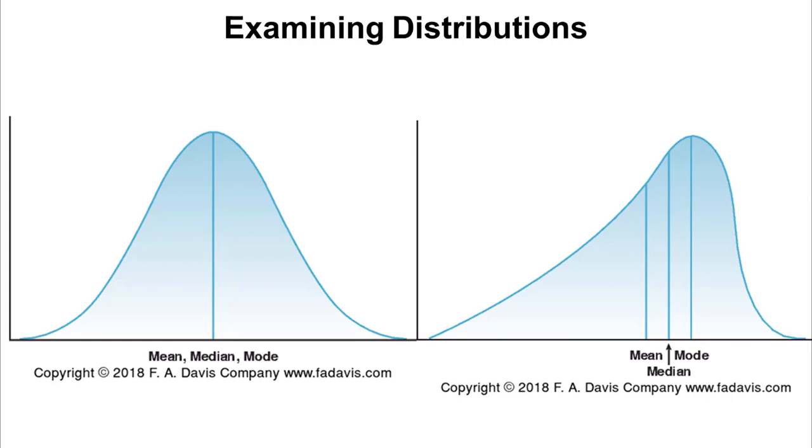You can examine the distributions of this kind of data, and if you plotted out specific numbers, let's say you were looking at height from a large number of individuals from a specific population. If you plotted this large number of individual heights on a curve, you would see something that looks like the picture on the left-hand side of the slide.